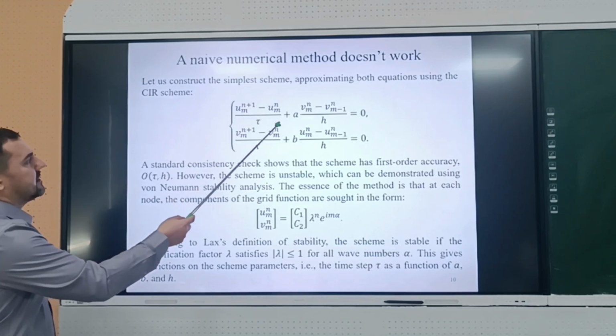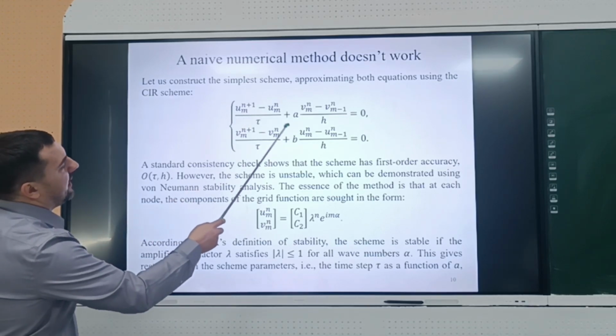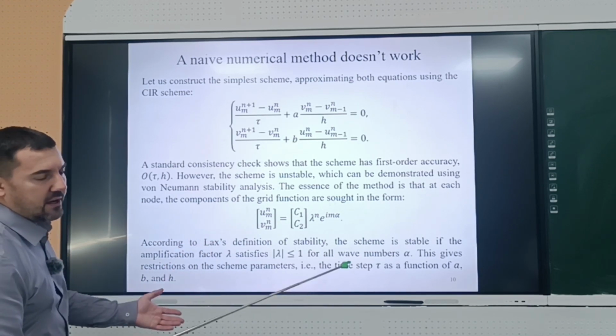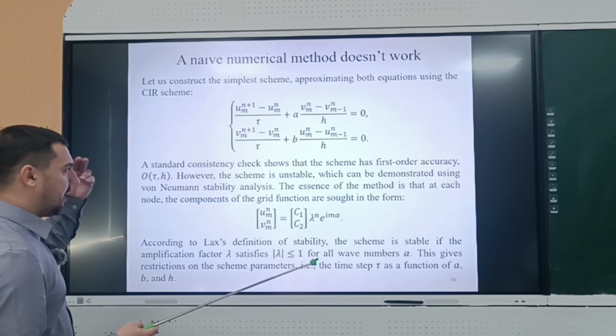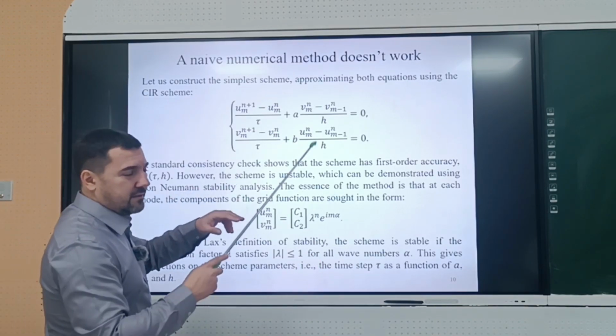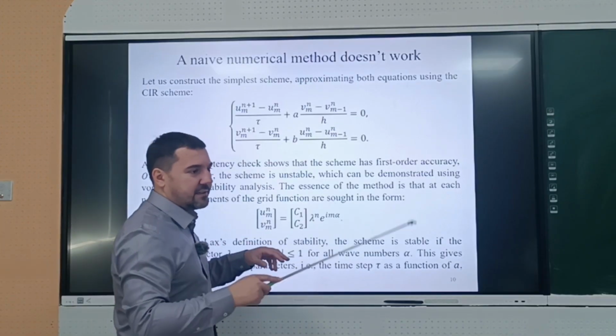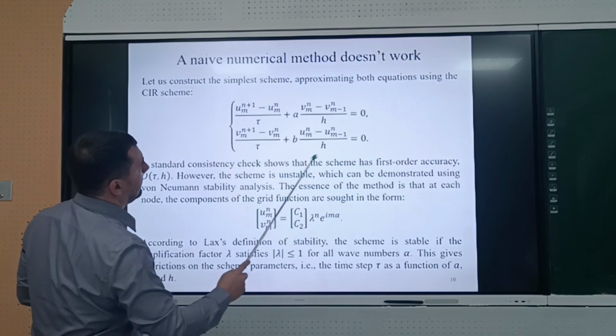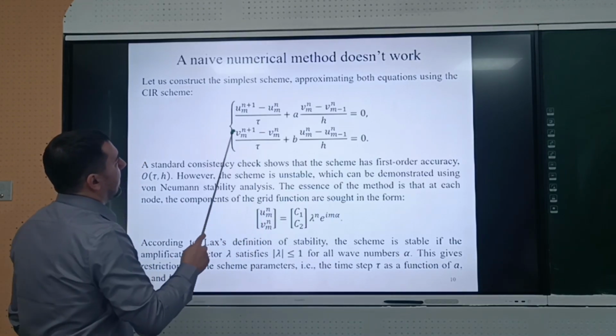Suppose we choose A greater than 0 and B greater than 0. Then AB is greater than 0, and the system is hyperbolic, and we remember that if this coefficient is greater than 0, the left-angle stencil should work, so it would be great if we construct the scheme in the following manner.